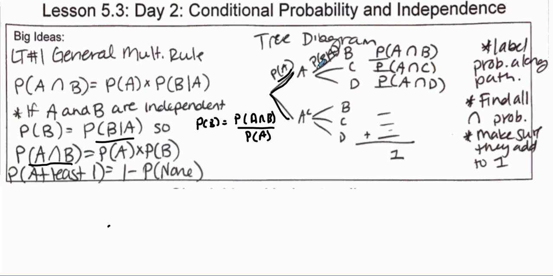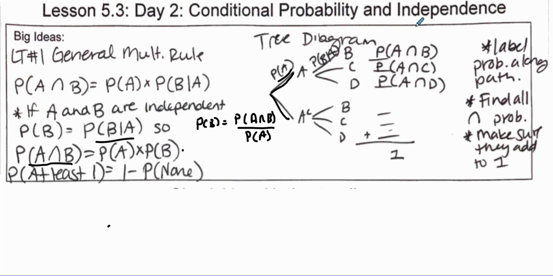And so right here, to figure out the probability of A and B, we can simply multiply these two values together, because if these are independent, we can just multiply those two values together like so.